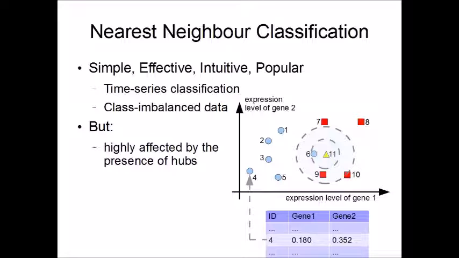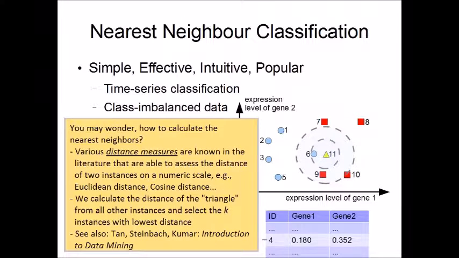That is, the object that is closest to this triangle is the circle numbered 6. Therefore, if we want to classify instance 11, that is the yellow triangle, based on its first nearest neighbor, then we would classify this yellow triangle as a blue circle.